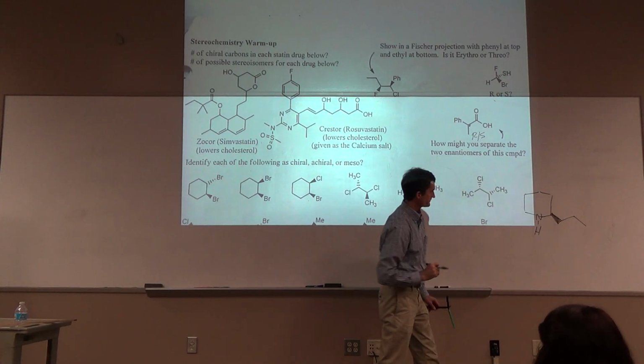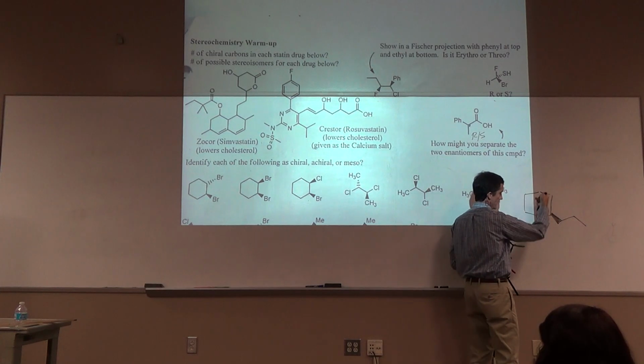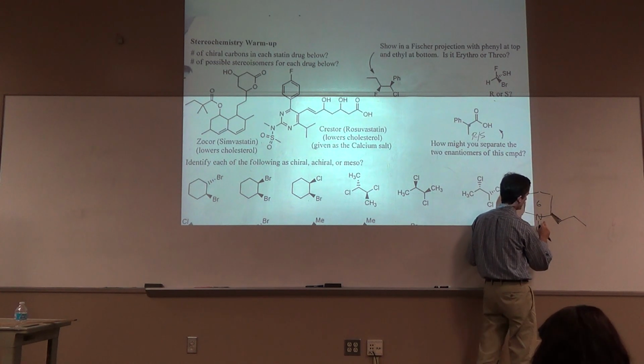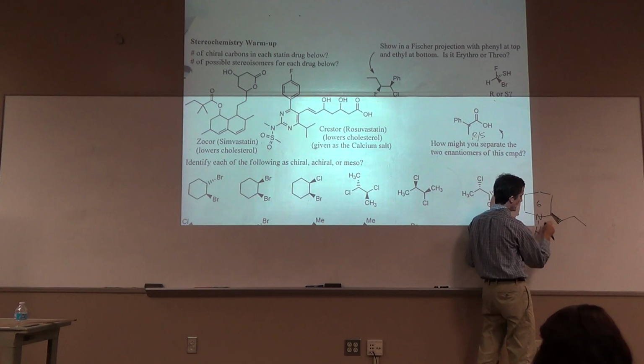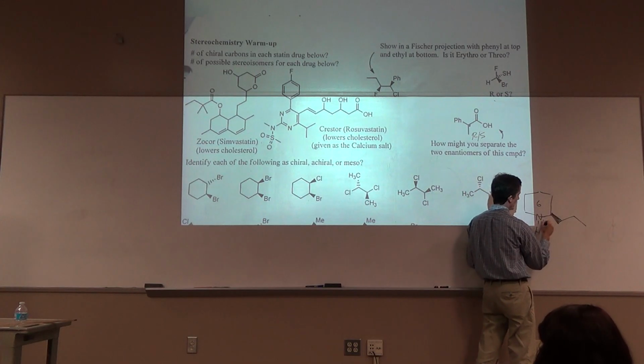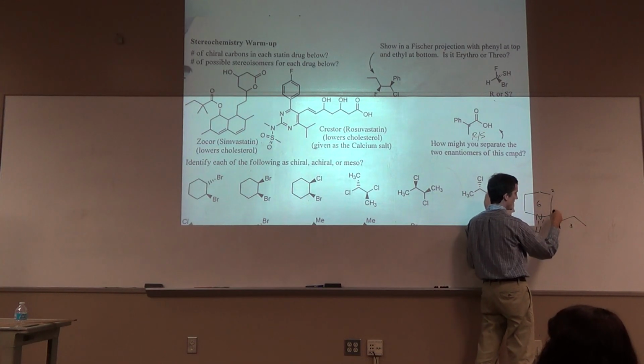How about that? Six-membered ring, saturated nitrogen, propyl group. Chiral carbon. Is it R or S? Nitrogen 1. Carbon, carbon, carbon versus carbon, carbon, carbon, carbon. I think this is going to be 2, 1, 2, 3. H is in the back.